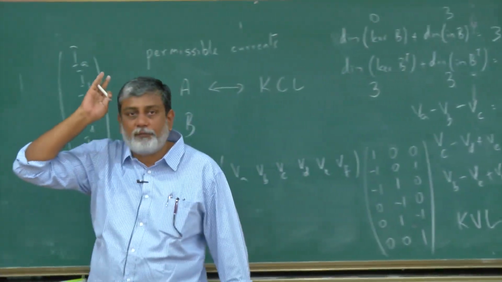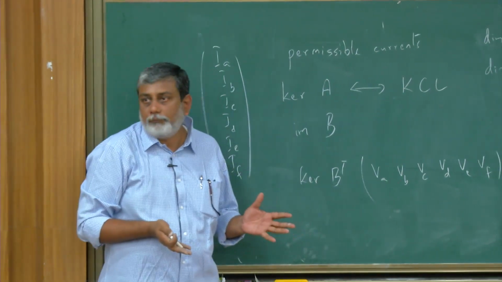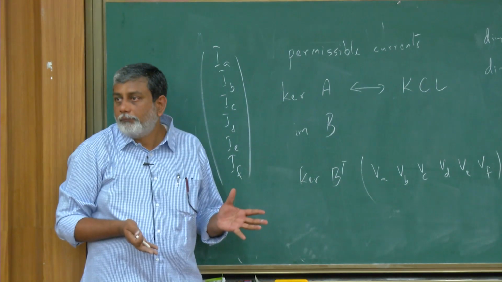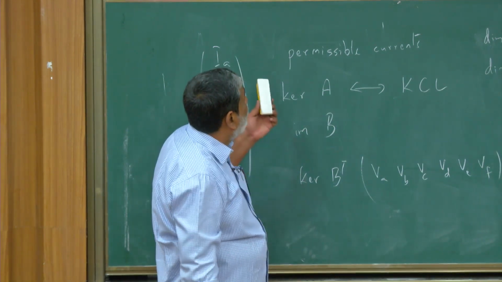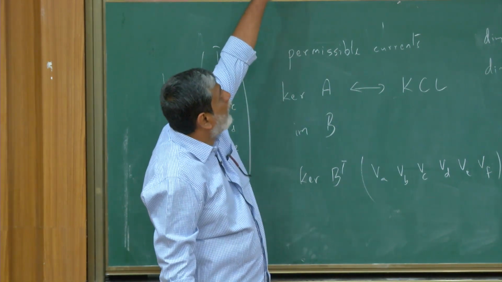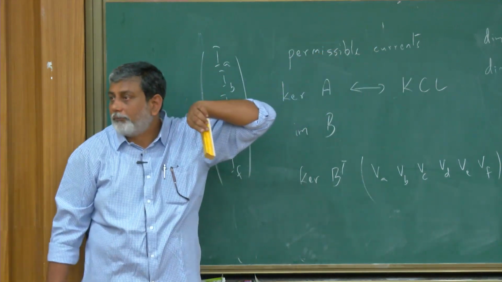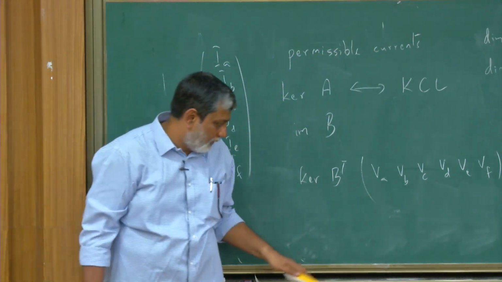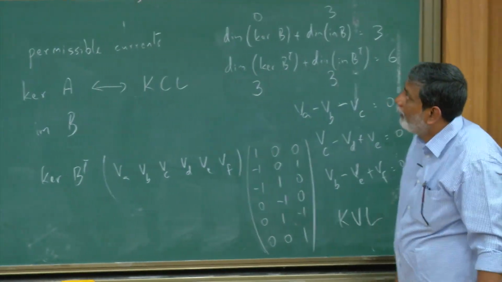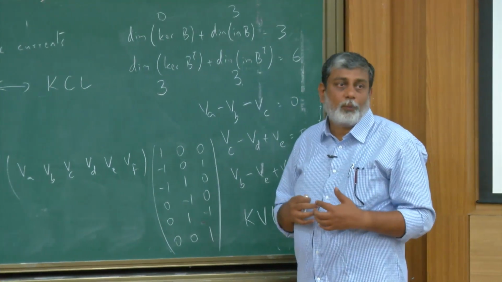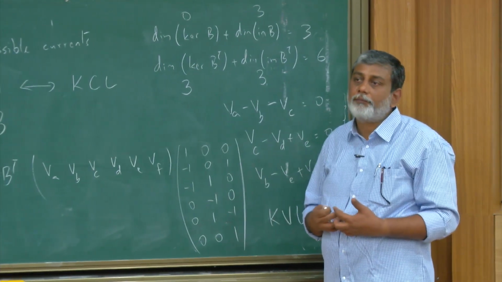But you could make it full row rank. One way to do it is just drop one of the rows. But that really doesn't get you very far, except once you start doing interpretations.